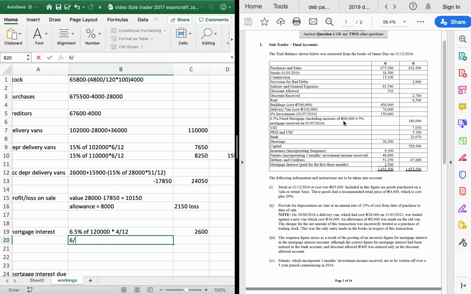And then for the rest of the year, it's 180,000 by 8/12. So in total then that is 10,400.